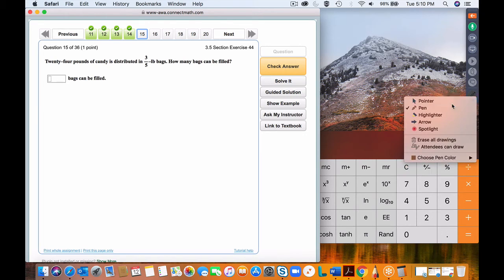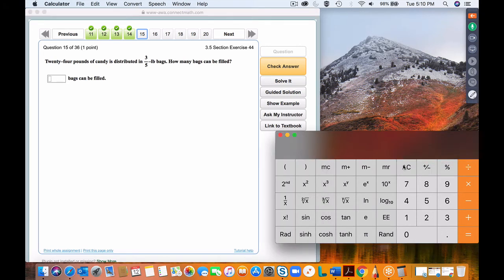I can use the calculator and say, I'm sorry, it's not 25, it's 24. I'm saying 24 divided by, open parentheses, 3 divided by 5, close parenthesis, equal. That's 40.